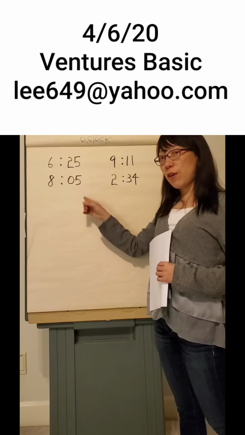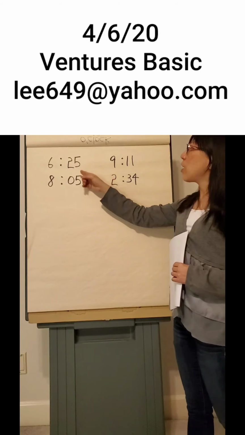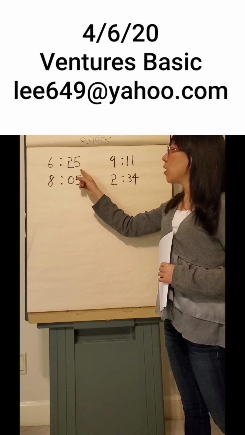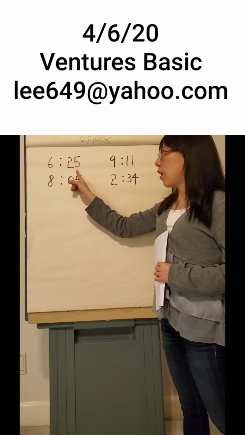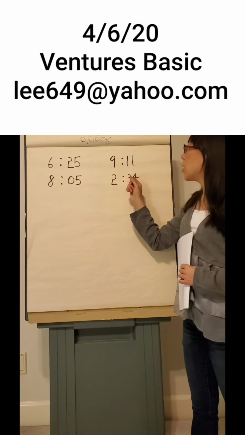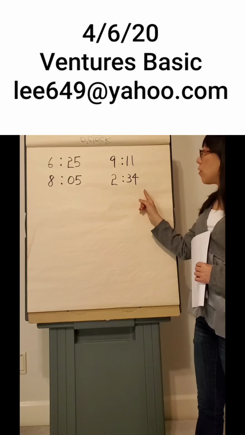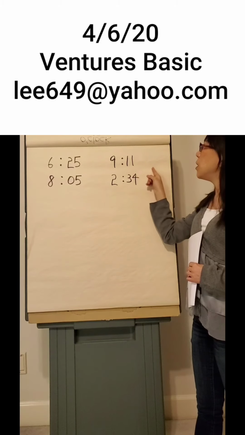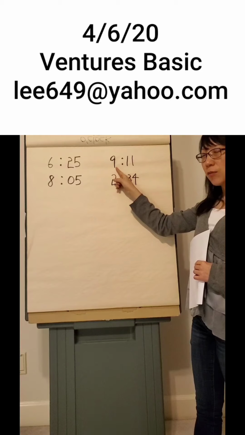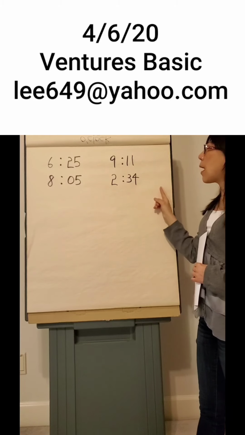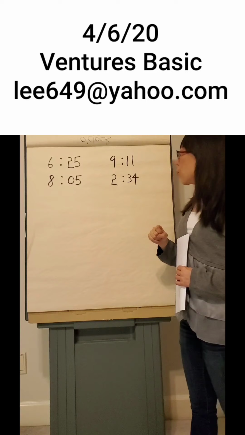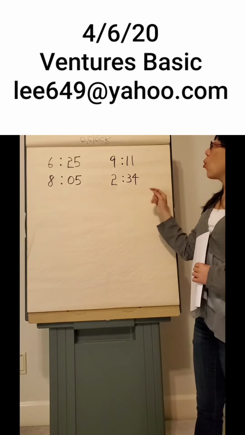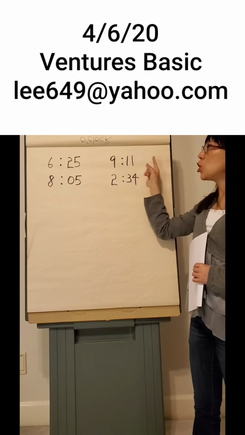If it's a multiple of 5, we just say it's 5 past 6, 10 past 6, 25 past 6. But if it's in between the multiples of 5, like 11 and 34, we usually say it's 11 minutes past 9. It's 34 minutes past 2. Or you could say it's 34 minutes after 2, or it's 11 minutes after 9.